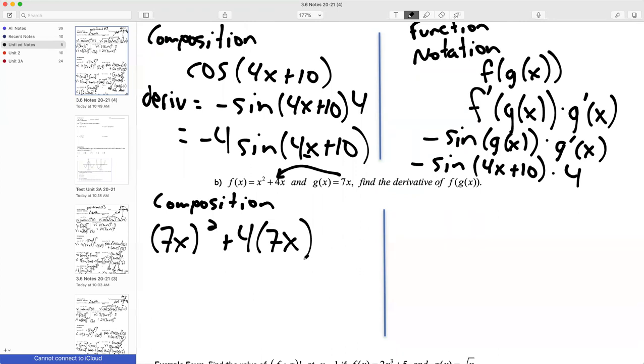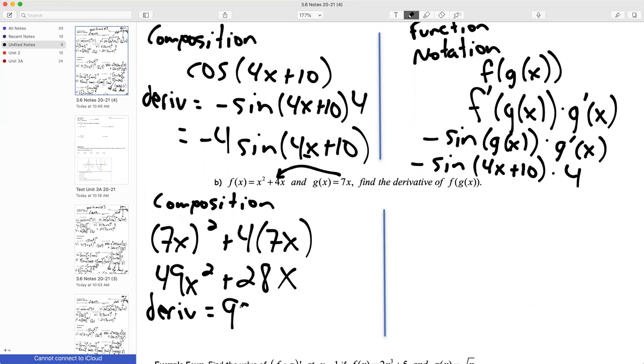And now I'm going to expand that a little bit. So that's going to give me 49x squared plus 28x. And I still haven't taken the derivative. I'm going to do that now. So derivative of 49x squared, 2 times 49 is 98x.